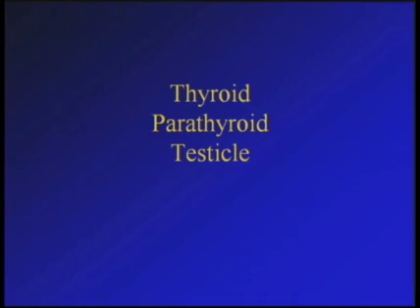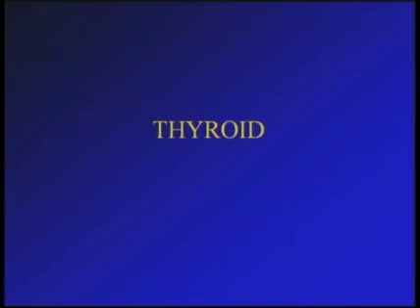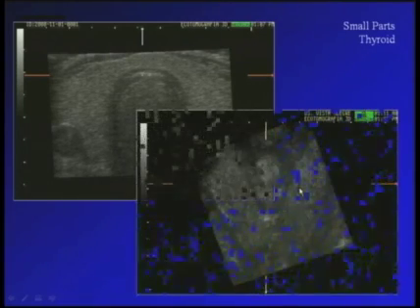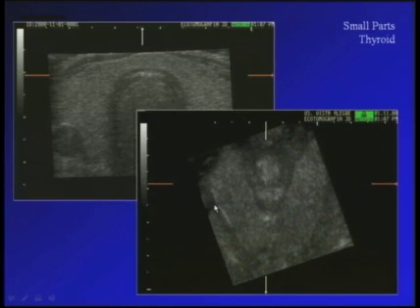In this presentation, I will show you clinical examples of 3D ultrasound in thyroid, parathyroid, and testicle. Let's begin with thyroid. This is the normal 2D image of the thyroid with right lobe, left lobe, and the isthmus. And here we have a coronal view. This view is only obtained by using three-dimensional ultrasound.